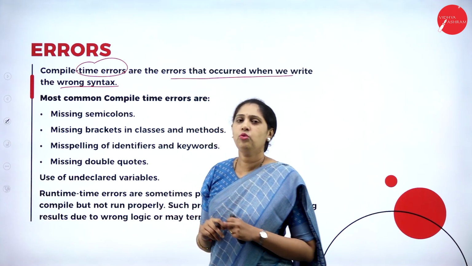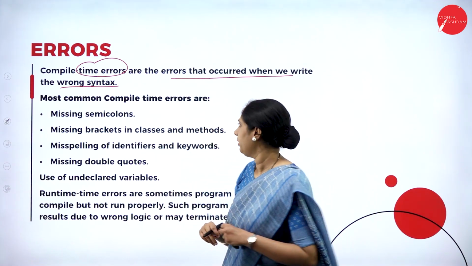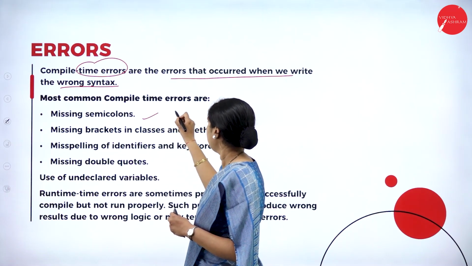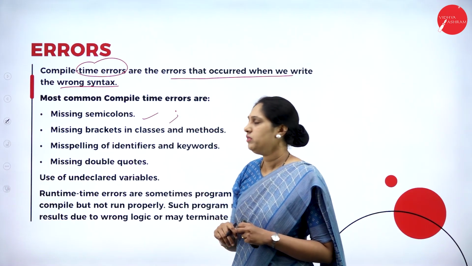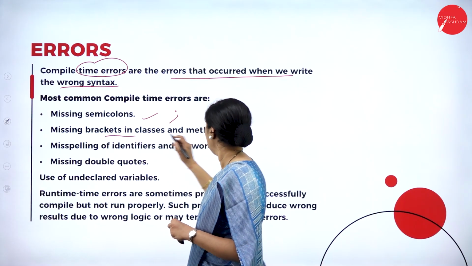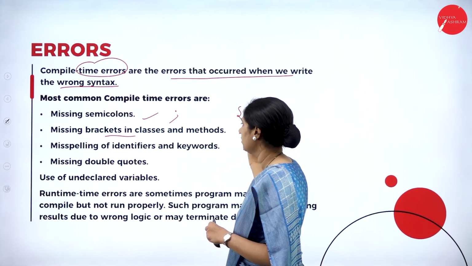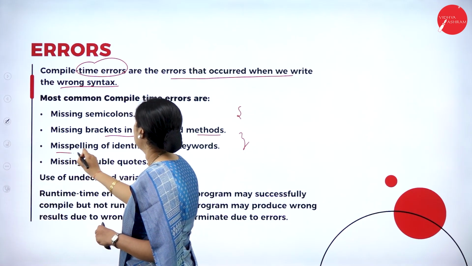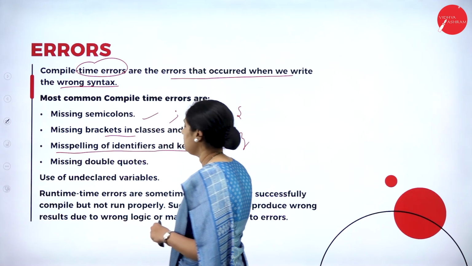So what are the most common mistakes in compile time errors? One is a missing semicolon. You may not write the semicolon, or miss the brackets in a class or the methods. Then misspelling of identifiers and keywords.